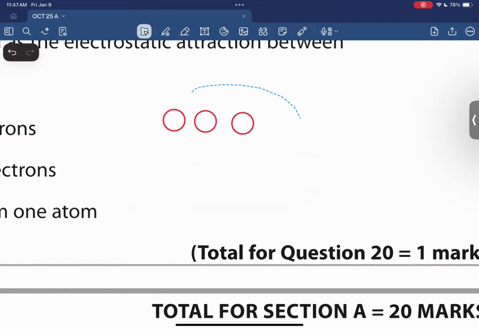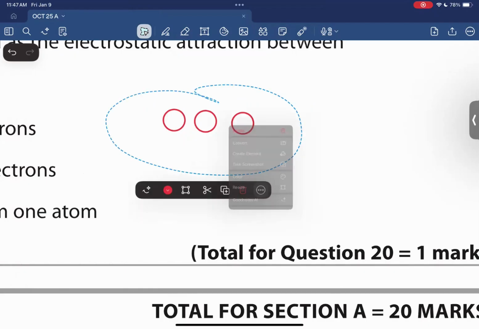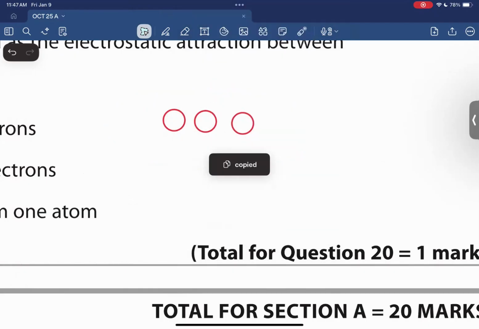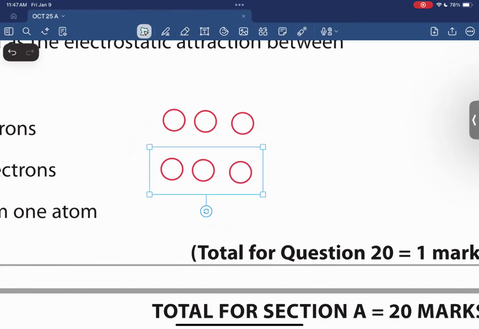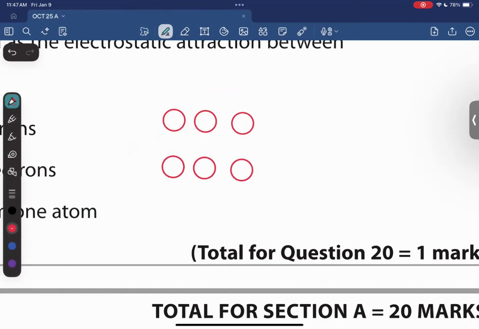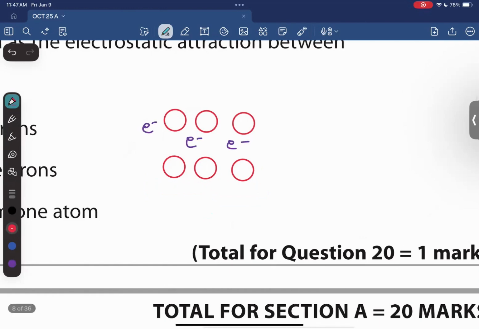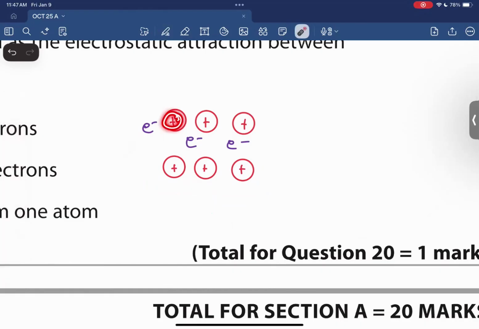These are the metals, right? And among these metals, suppose these are the delocalized electrons, and so on. Positive ions. Now, metallic bonding is best described as the electrostatic force of attraction between these cations and the electrons, okay?